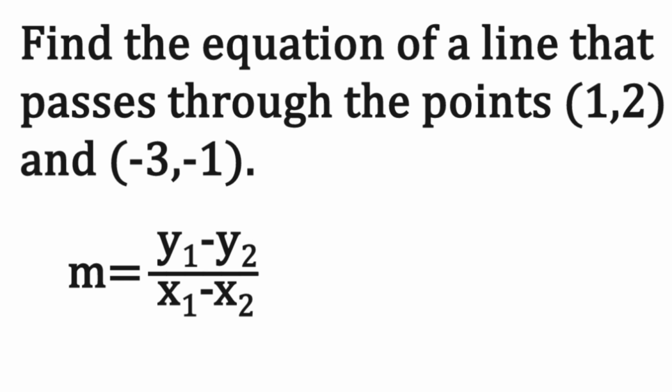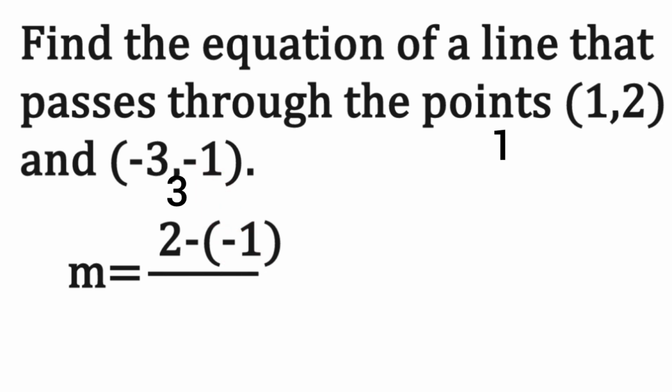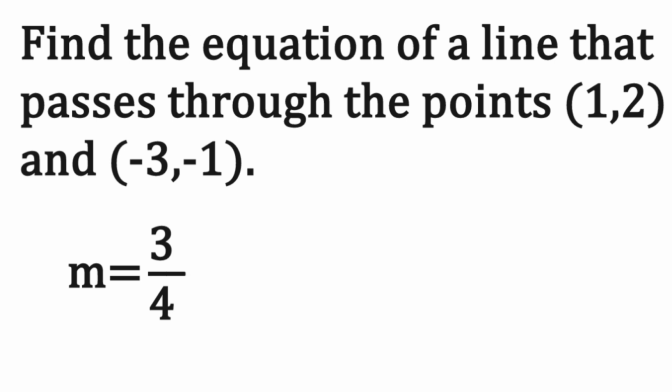So we substitute: y1 is 2 minus -1, over x1, which is 1, minus -3. Negative, negative becomes positive, so 2 plus 1 over 1 plus 3, which equals the same answer, 3 over 4.